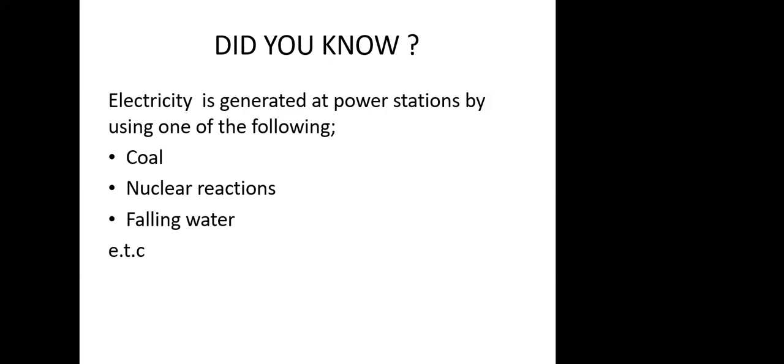Okay. Yes. After electricity is generated at the power plant, it goes through a step-up transformer. These transformers increase the voltage of the electricity to a high level, typically in the range of thousands of volts.